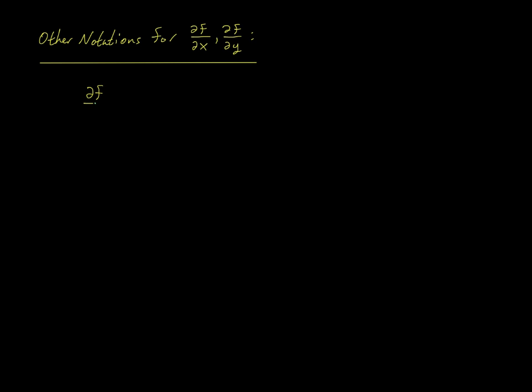So for example, del f, del x, sometimes you'll see it written using a subscript, so f sub x. This is just saying take the x derivative of the function f. Okay, now sometimes you may also see this written with a capital D, D for derivative, and then there's the sub x of f. This is far less common, okay?